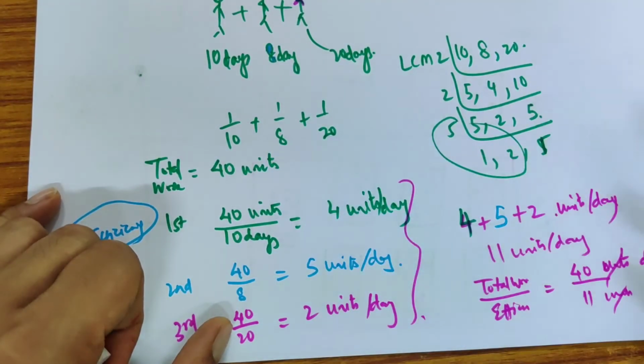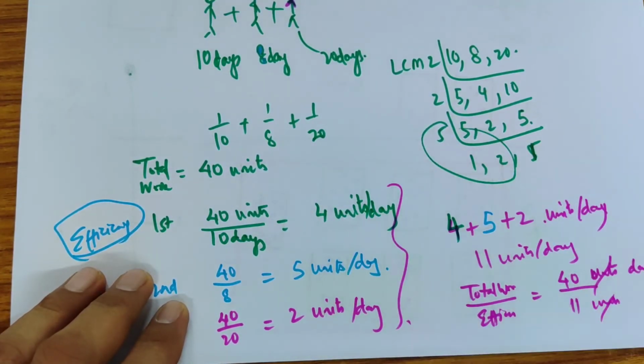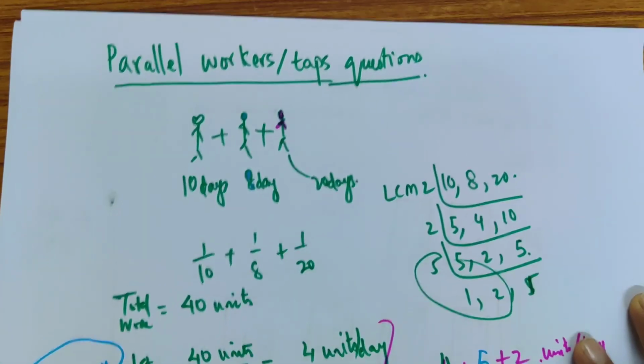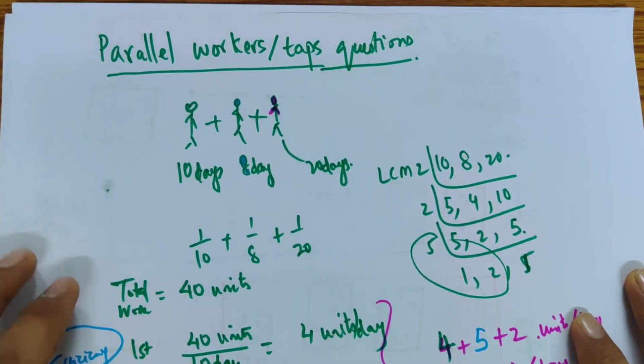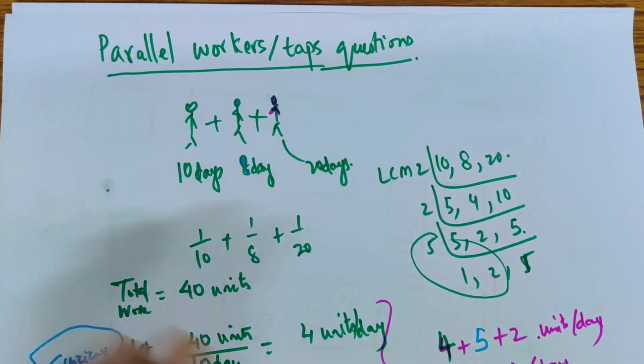So this is an approach in which you are still using the principles, you are still doing the LCM, where you use that to define total work, but you are not doing any fraction addition. You are just getting it into numbers, adding the numbers and taking a ratio, which many people find more comfortable and convenient. So that's how you do parallel workers or parallel taps that are filling a jug of water or a can, that kind of thing.